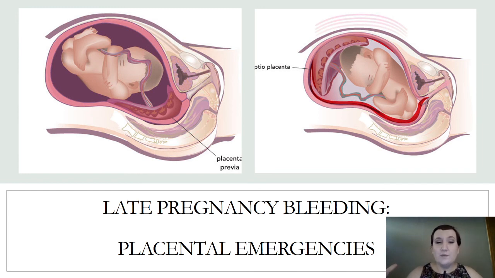So what are risk factors for having a placenta previa? C-section, okay? Those placentas really love to attach themselves right along scar tissue. When we're talking about where we have C-sections, it's usually in that lower uterine segment, that low transverse incision.